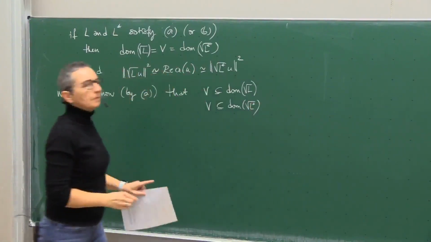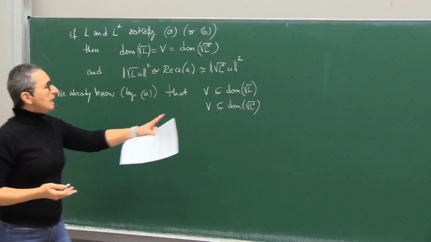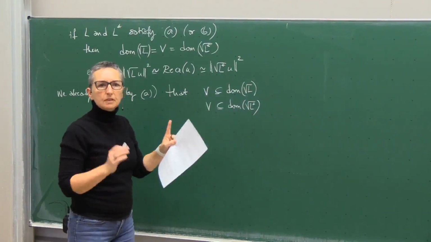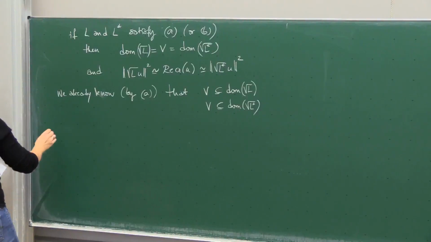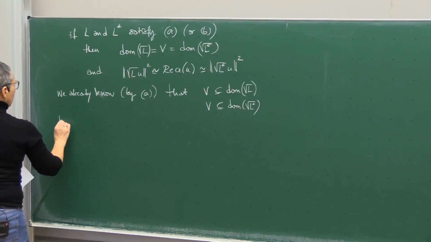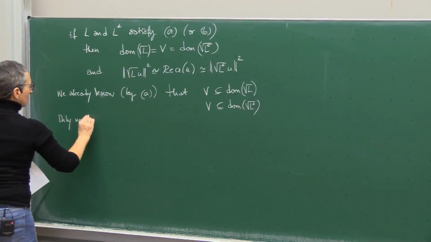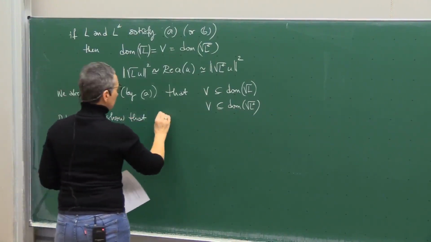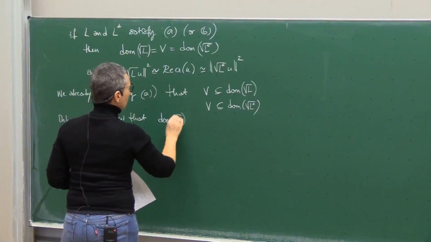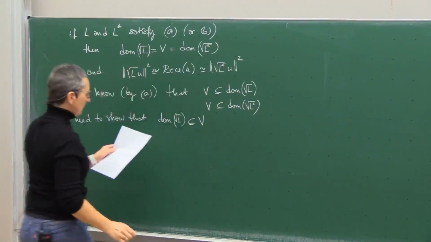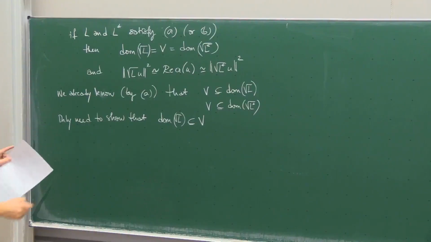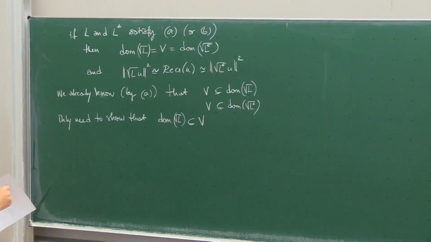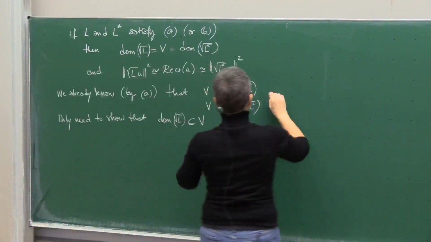But by symmetry, what we only have to do is to show that the domain of the square root of L is in V, to show that they have equality. Domain of the square root of L is in V. And of course, by A as well.